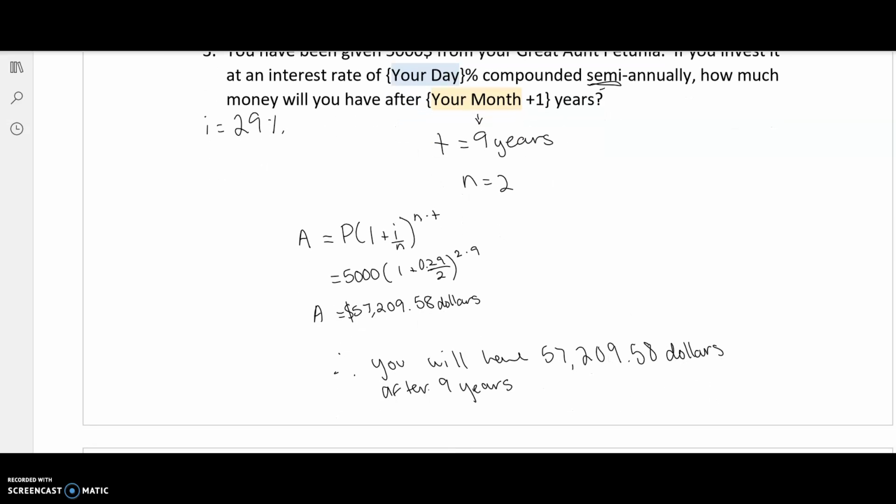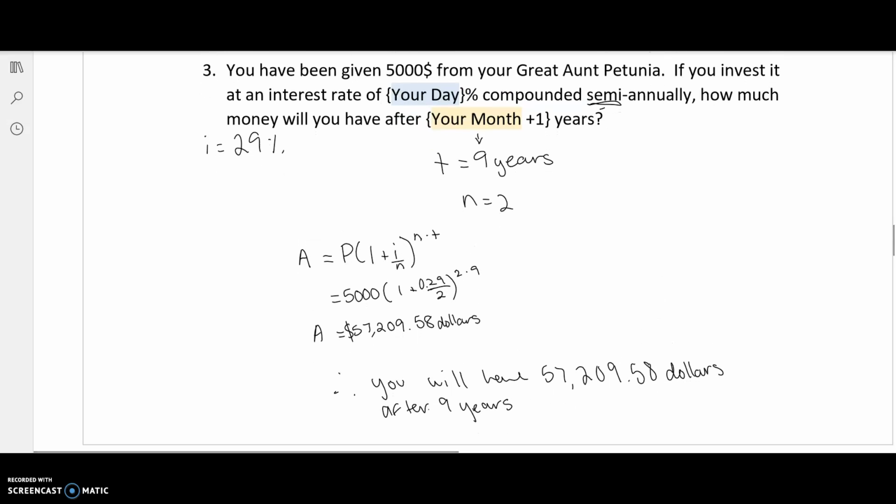So I'm going to plug it into a compound interest equation, which is A equals P times bracket 1 plus I over n bracket to the power of n times t. So I substitute in 5,000 for P because it is the initial value, and I substitute in for I 0.29, changed to a decimal, and I substitute in 2 for n, and I substitute in 9 for t.